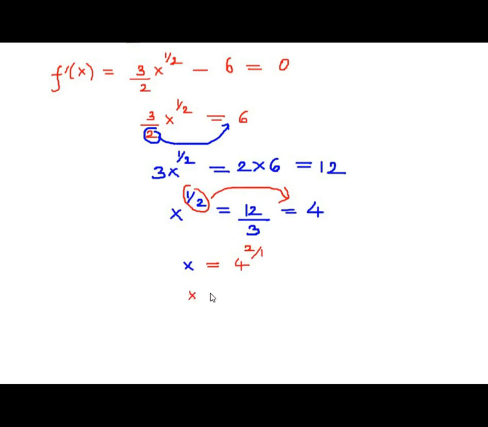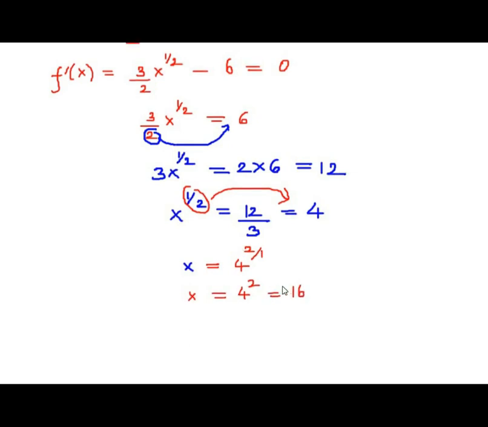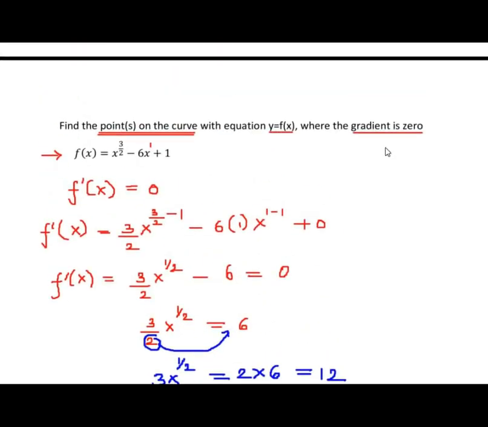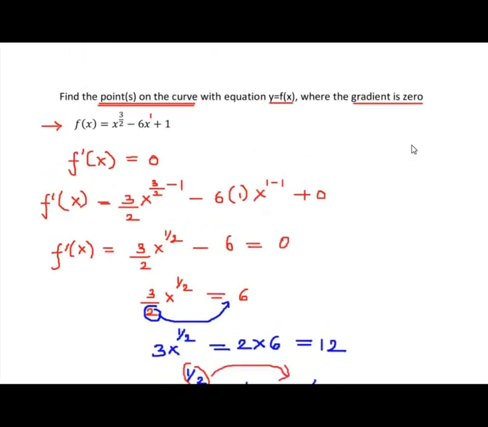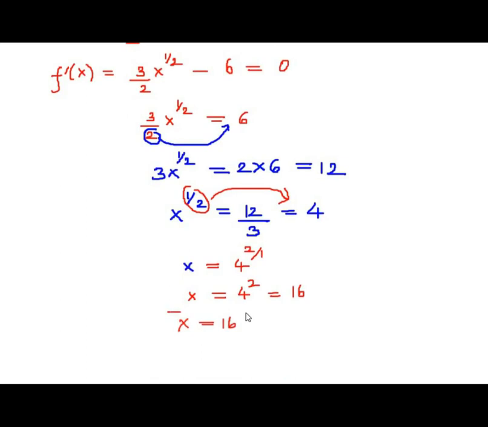So we have x is equal to 4 squared, which is nothing but 16. So it means that at x equal to 16, we have the gradient 0. So we have got the point on the curve as x equal to 16.